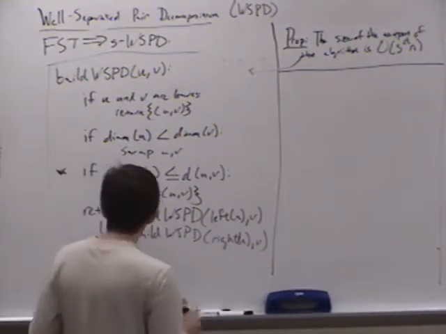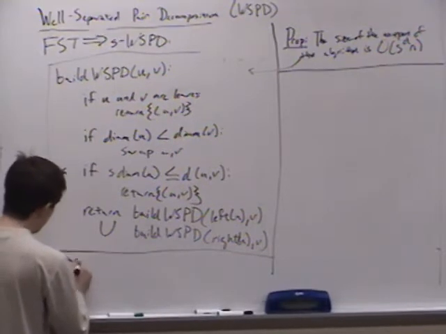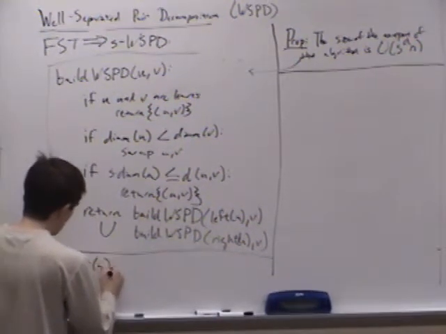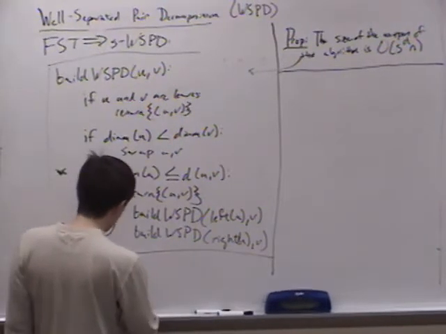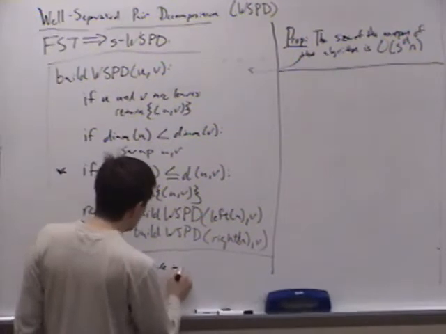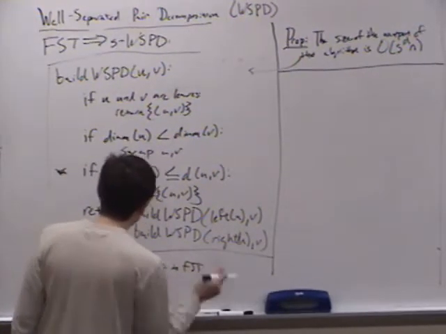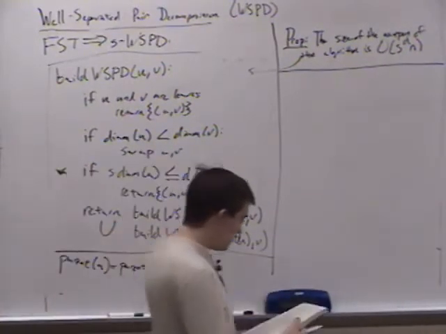By convention, let's define the parent of some node u in the tree to be the parent node in the fair split tree, right? So we basically go up a level. We wouldn't actually need them when we're computing anything, but for proving stuff, we'll need to refer to it.